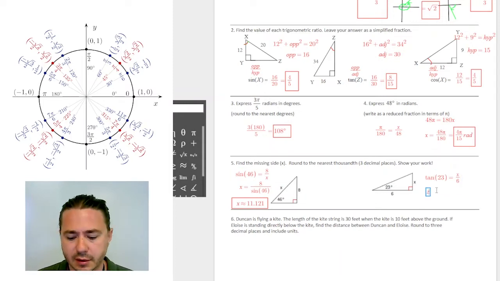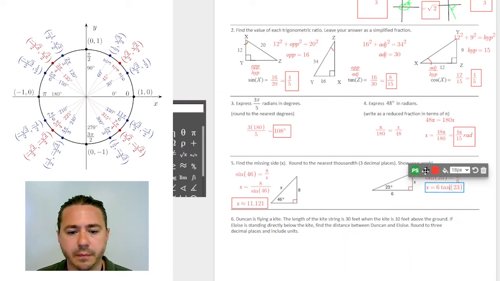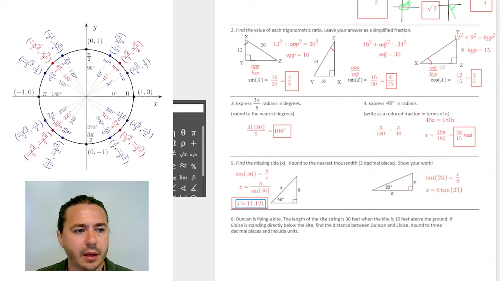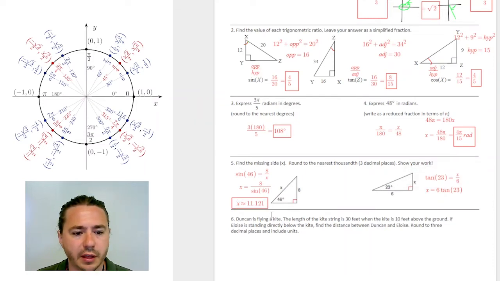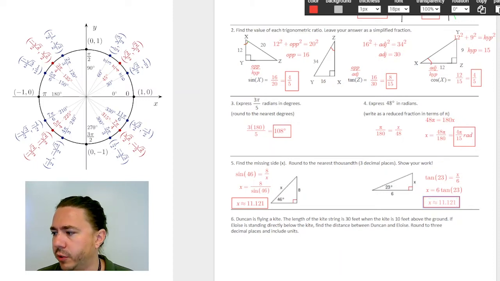So x is going to equal 6 times the tangent of 23 degrees. Again, that's something you're going to put in your calculator. Just type it in and make sure that you are in degrees again, because this problem is in degrees. And let's see, what did I get? 2.547.